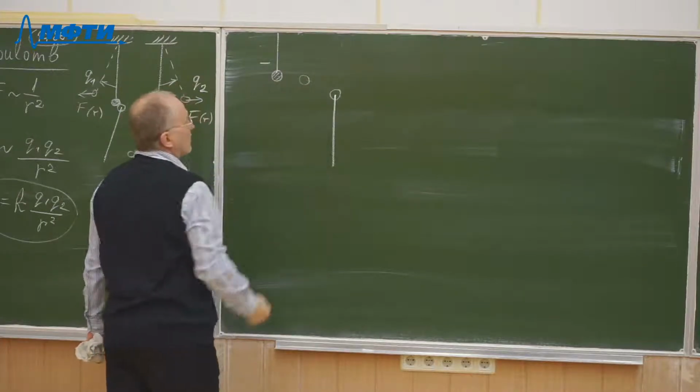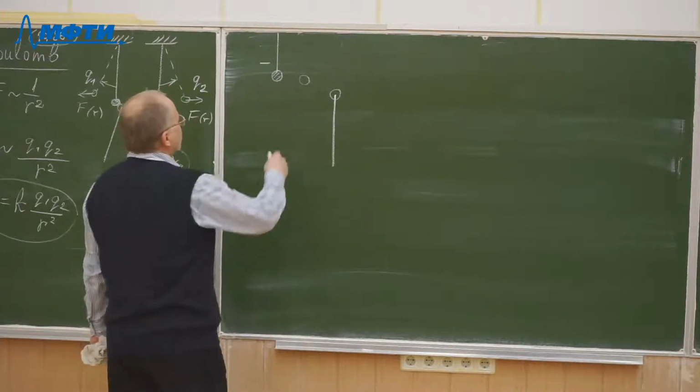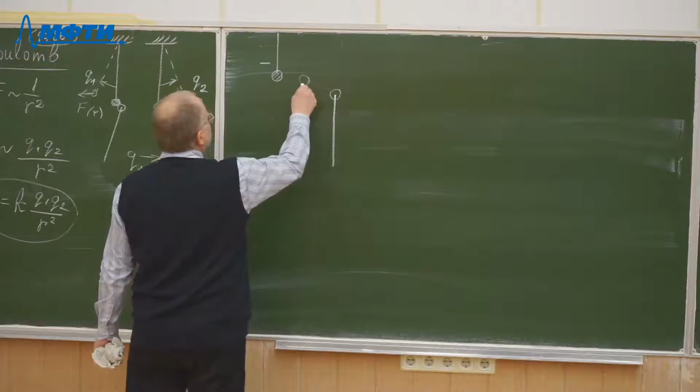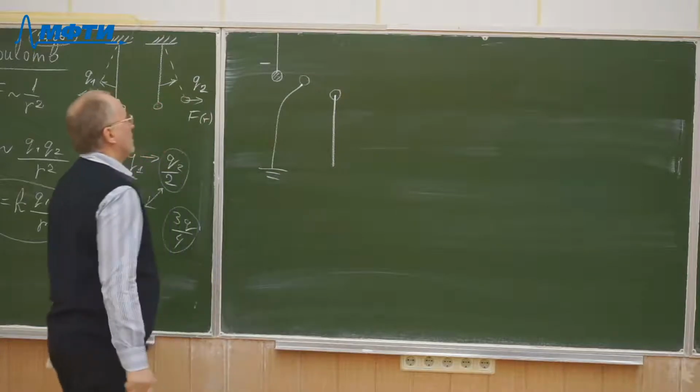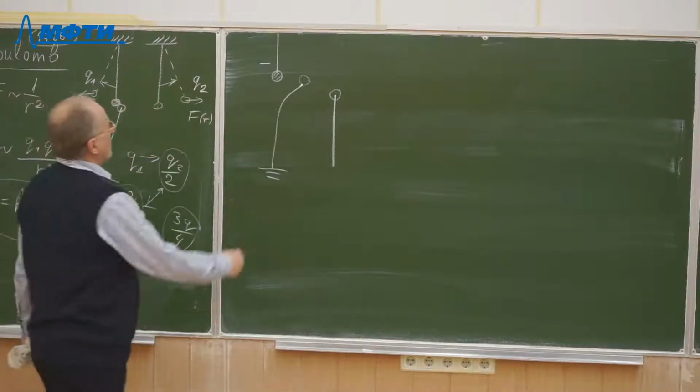Just not touch it, but put it near the ball. And then we may connect the second ball by a wire with the earth. What will happen in this case?